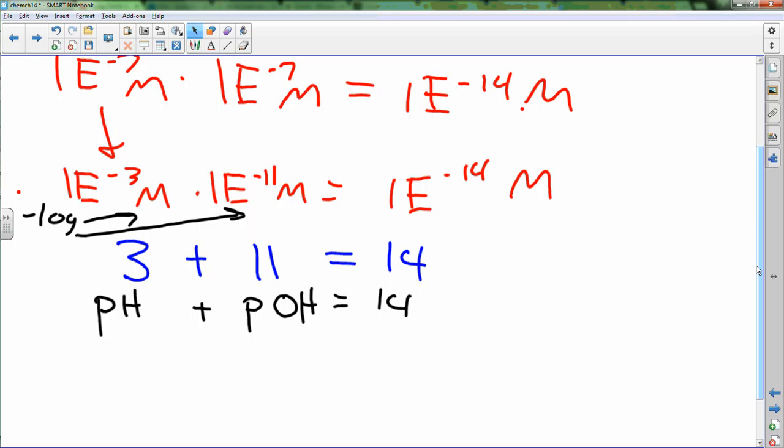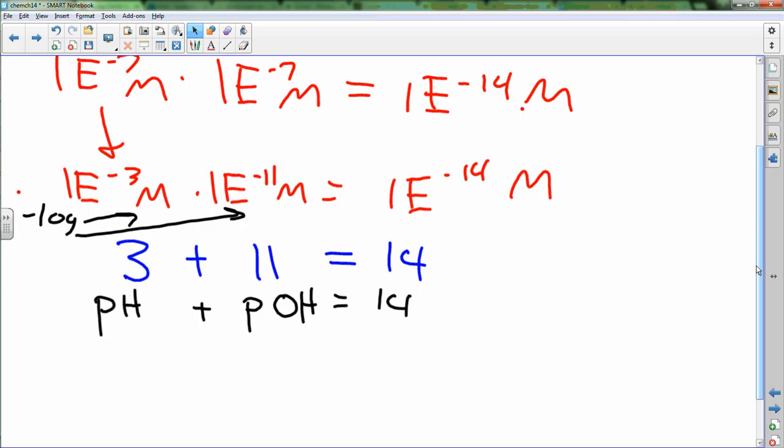And the pOH works backwards. If you have a high pOH, that gives us an acidic solution, because there are very few hydroxide ions. If we have a low pOH, that gives us a basic solution. But the pH and the pOH always have to equal 14.